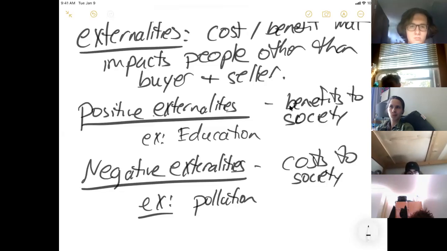So having said that, why in the world do we still use GDP if it's got so many problems? And honestly, the answer is that any measure, right? Any single measure is going to have problems, right? There is no one perfect measure of welfare. You can measure welfare in other ways.